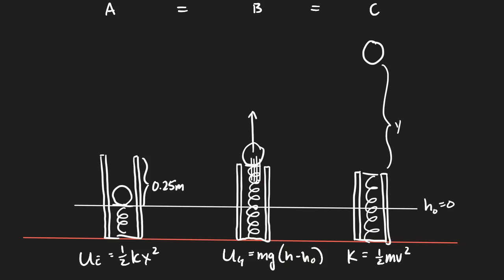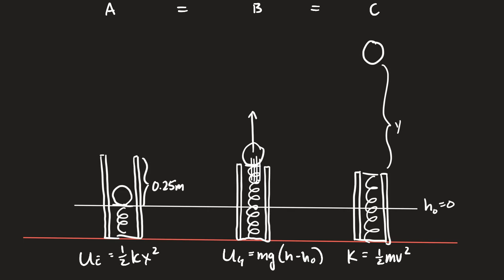When trying to determine what type of energy your system has, just ask yourself, is the object pushed back against a spring? Is the object above the reference level? Do you think the object is moving? This should help you ascertain what forms of energy exist at each point. For example, looking at situation A, is the object moving?